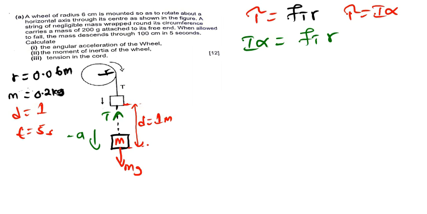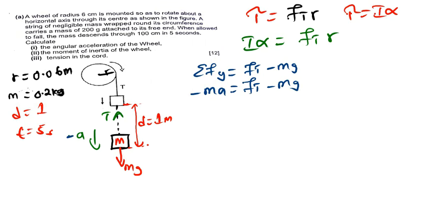The summation of all the forces in the y direction: we have the tension force pointing upward minus mg pointing downward. According to Newton's second law, this is going to be replaced by mass times acceleration, but in this case acceleration is negative, so I have to say negative ma is equal to the tension force minus mg.